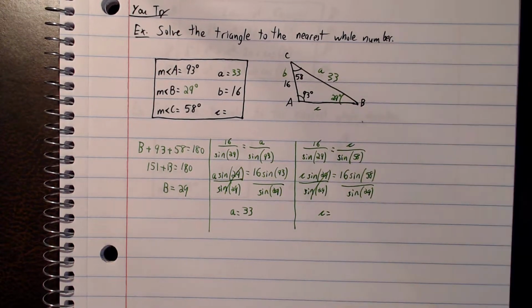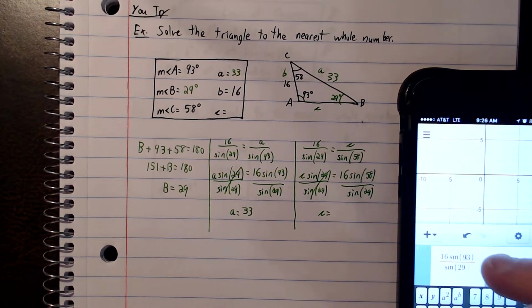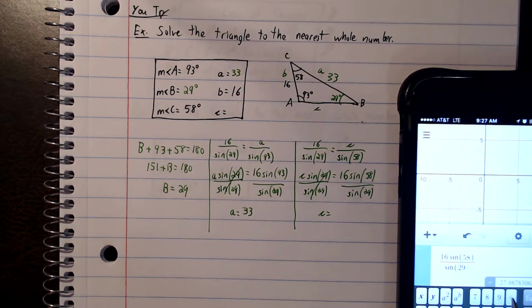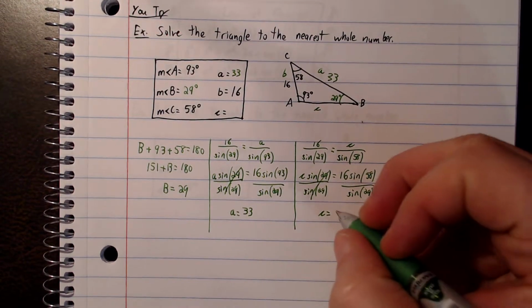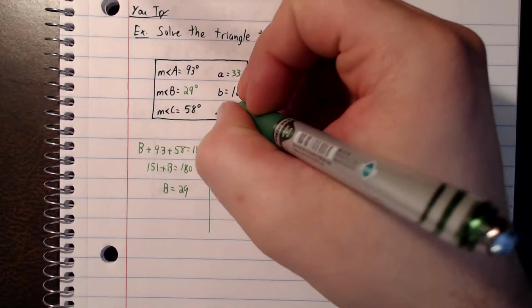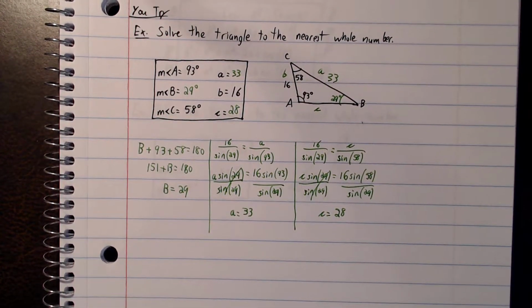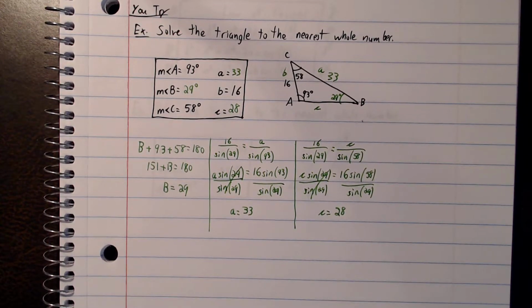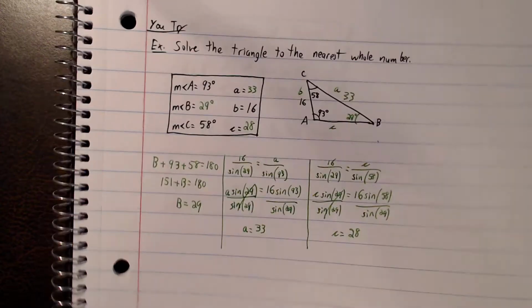So this is our new function. One thing has to change though on our calculator if we do it right. We get 27.9, which is going to round up to 28. So did you get all of those answers in that answer box? I bet you did, because it's pretty simple, just using some pretty quick tricks.